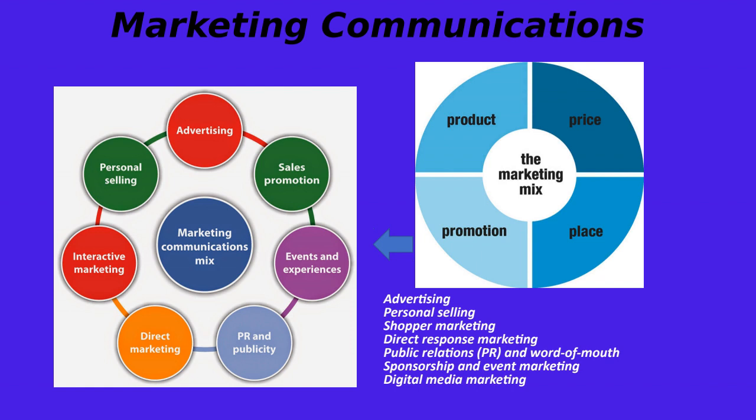Why? Because that's not something that that target market would find convenient or suitable for that particular product. So that's what marketing communication is. That's where it fits into our marketing strategy again.